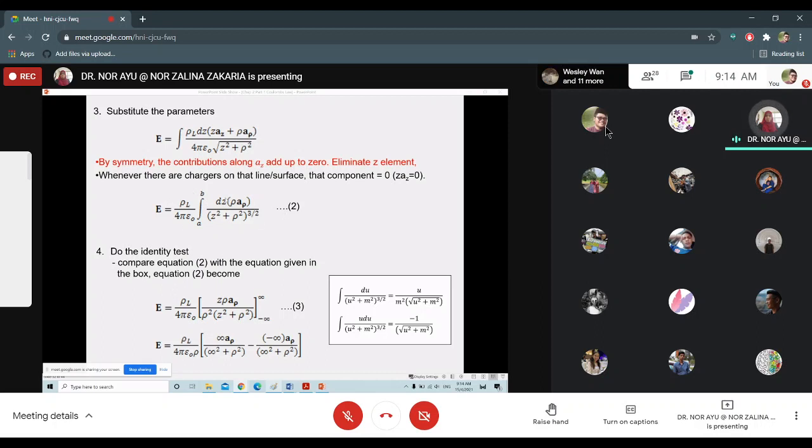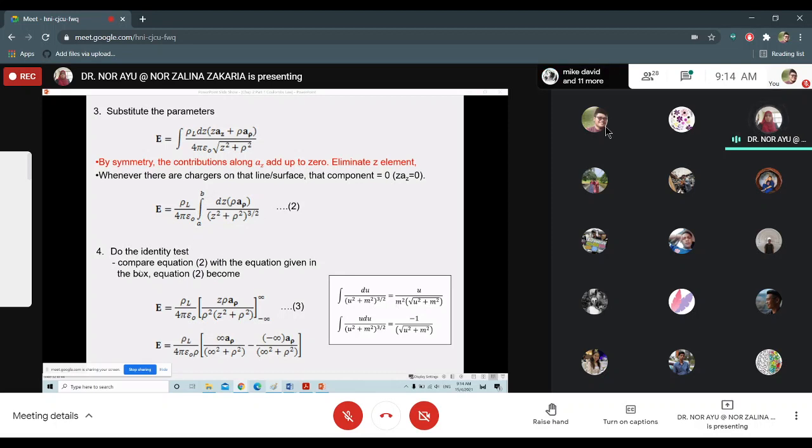Ini dia rearrange balik when dia dah eliminate this Z punya part. So the rearrange back, it will be something like this. Okay. Right. So from here, the next step will be do the identity test. Okay. So if you need to solve this one, it's a bit difficult. So that's why you need to have this identity test. So it will be much more easier for you to solve these integrations.